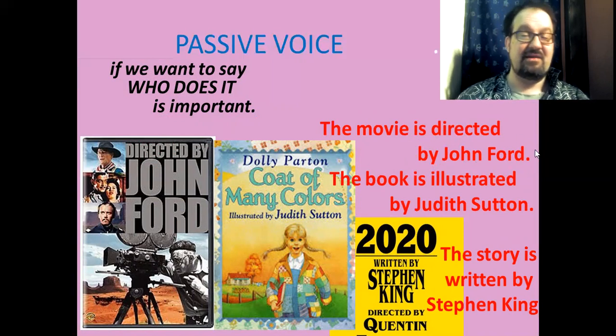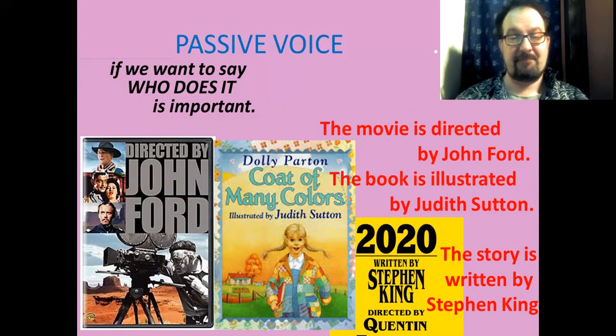We could say it is John Ford that directs the movie, but it is much more natural in English to say the movie is directed by John Ford. Who illustrates this book? Judith Southern. The book is illustrated by her, okay?